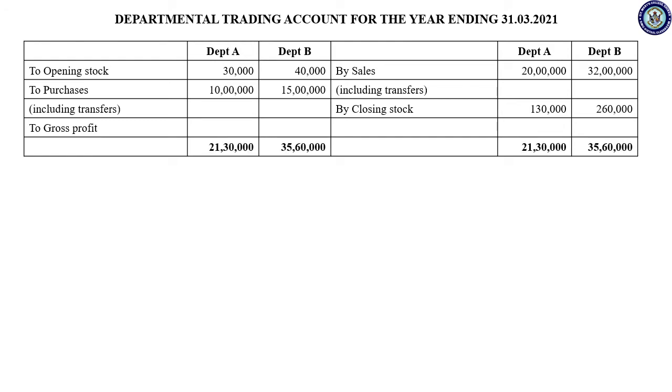Total 21 lakh 30,000 and 35 lakh 60,000. And the difference, that is gross profit, 11 lakh and 90 lakh 20.